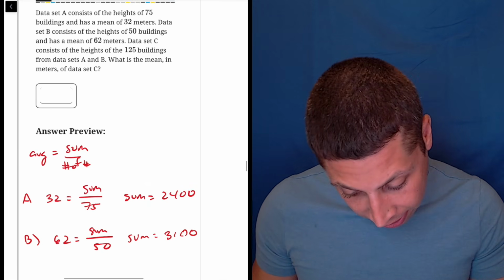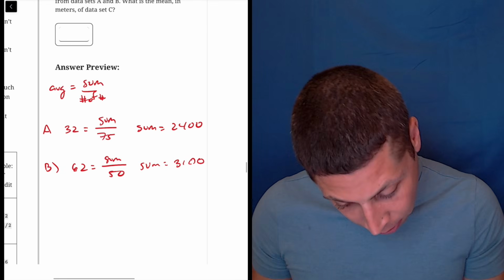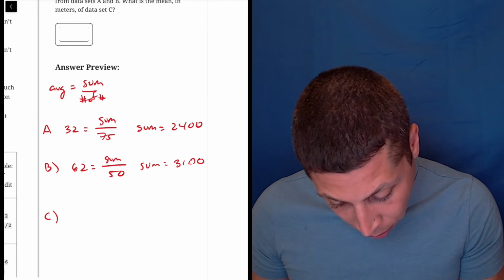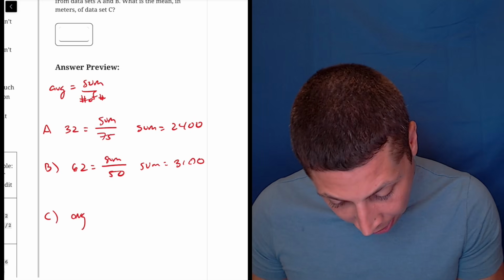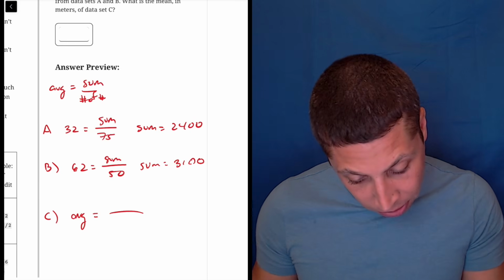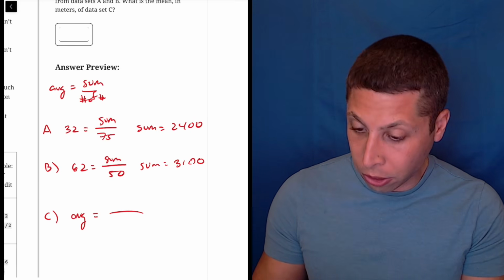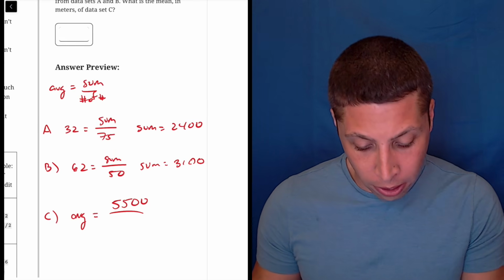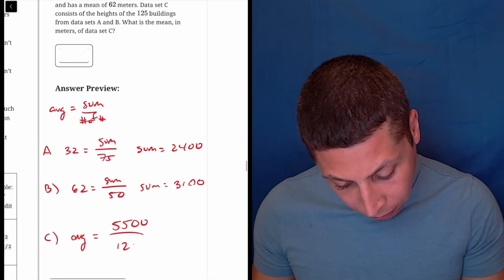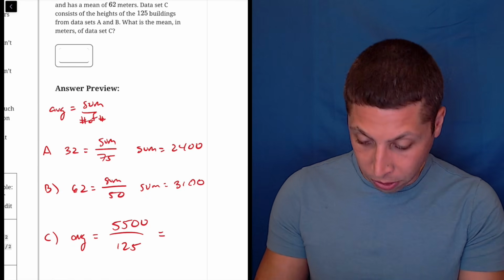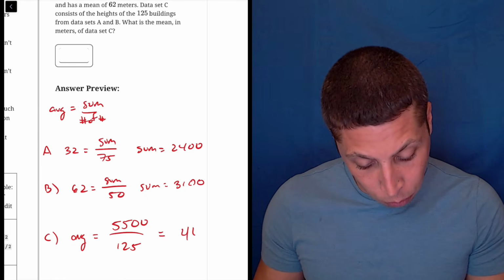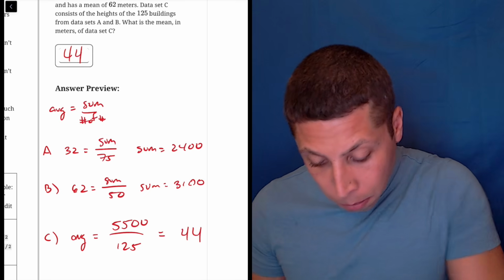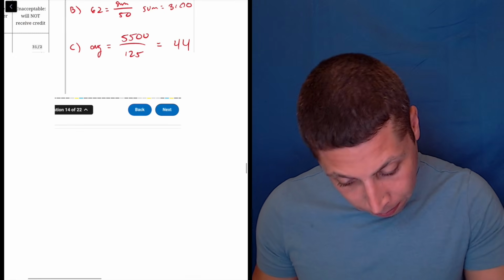The mean of data set C. Okay, C, we don't know the mean. That's what we're trying to find. So the average is the mystery. The sum is the sum of both of these together. So 2,400 plus 3,100 is 5,500. And now they said it's 125 buildings. So divided by 125 is 44. Cool, easy.